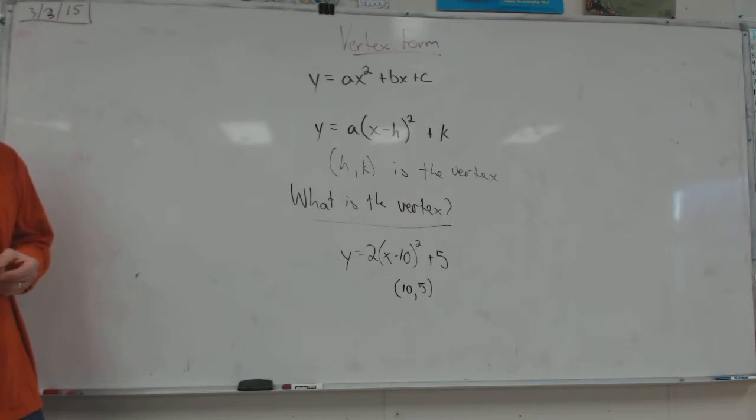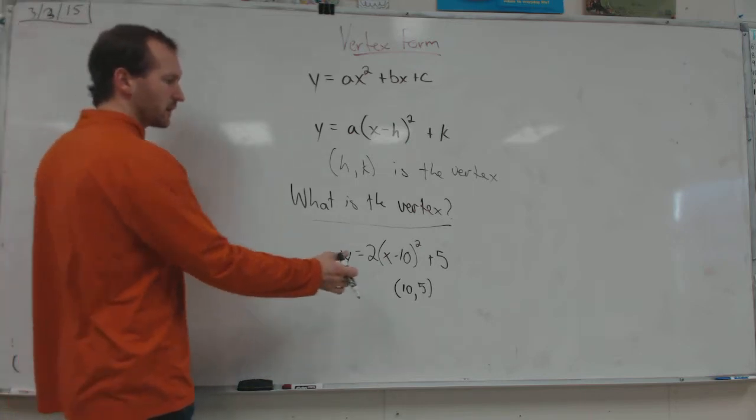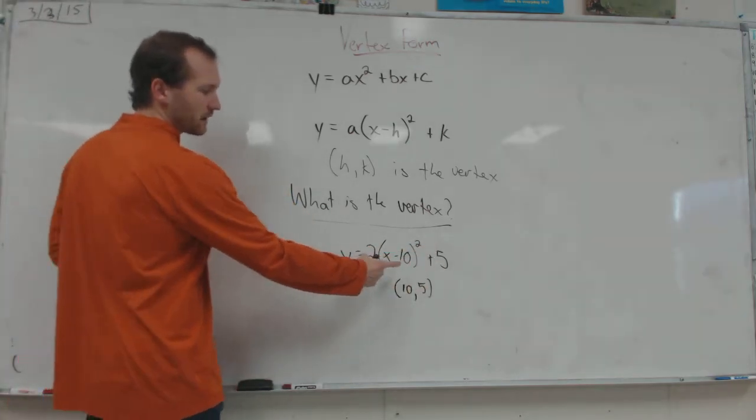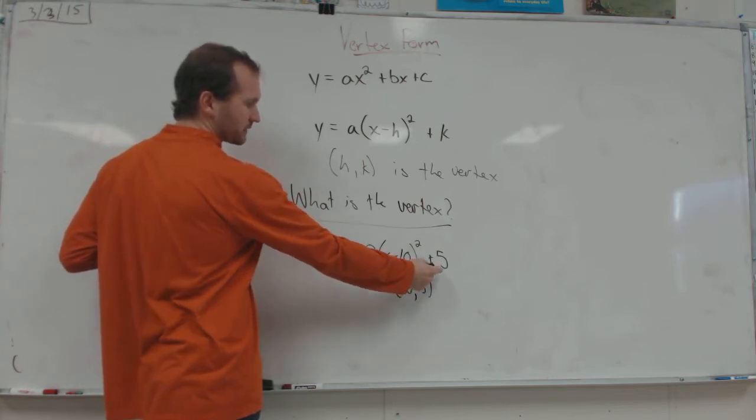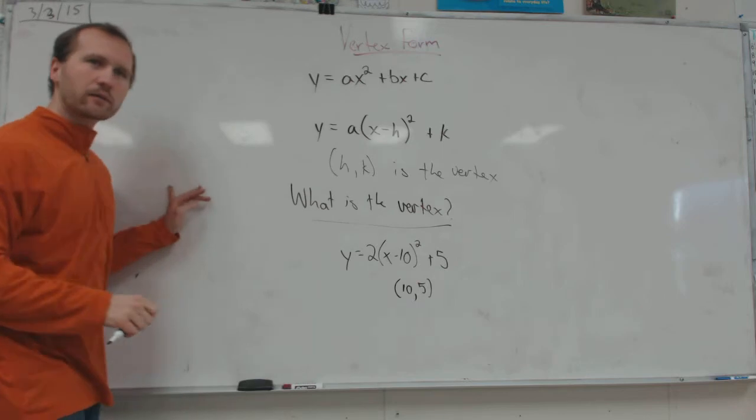And then you can kind of see where the 5 comes from. If this is all 0, then y simply equals 0 plus 5. So y would be 5 there.